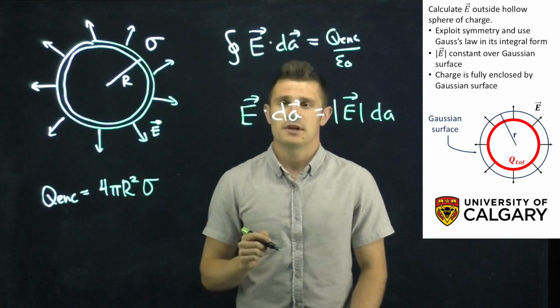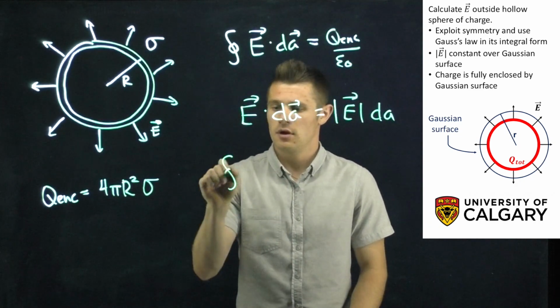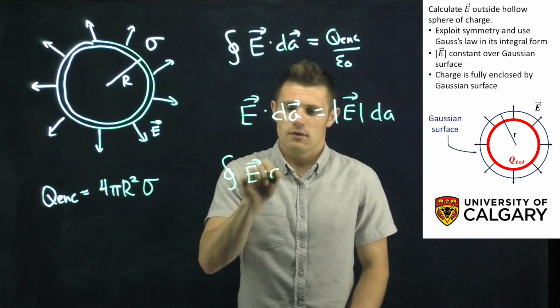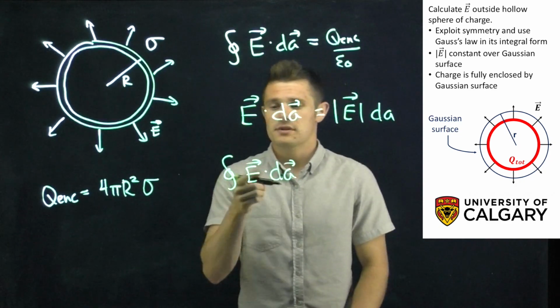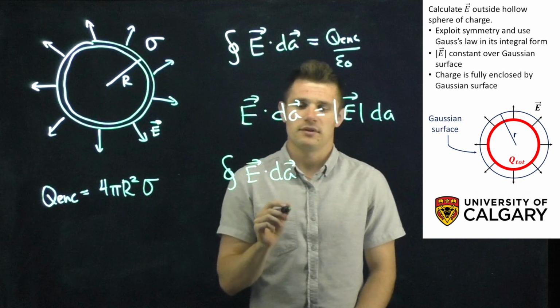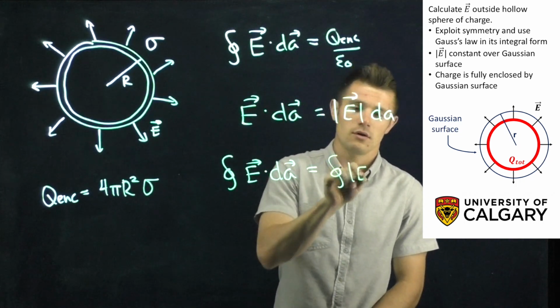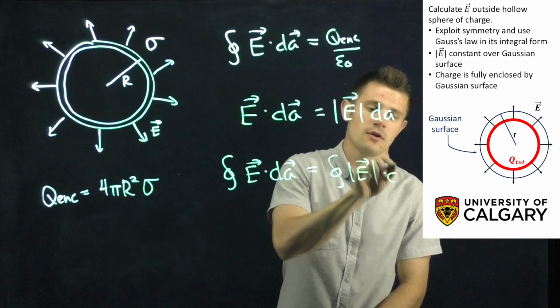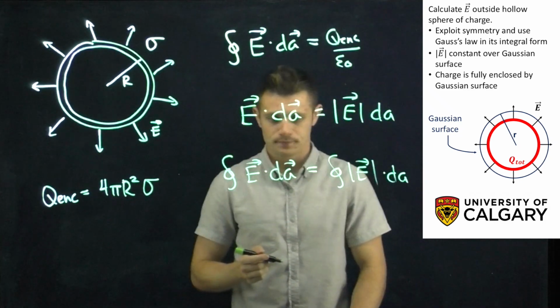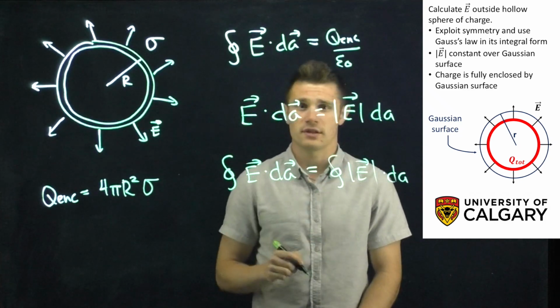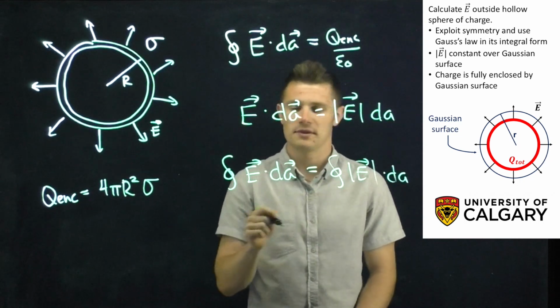This will simplify the left-hand side of our equation, and we end up with the closed integral of the electric field dotted with the infinitesimal area vector being simply the magnitude of that electric field multiplied by the area. And because it's constant in magnitude at all points on the surface, we can pull it outside of the integral.